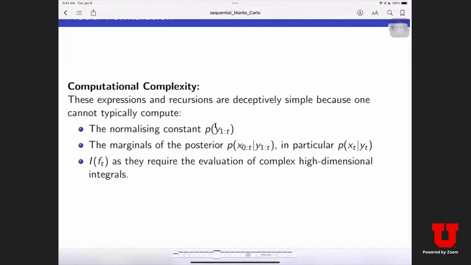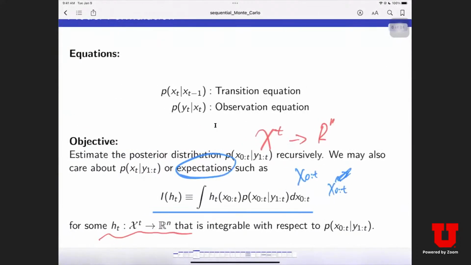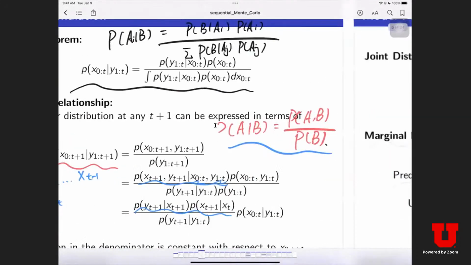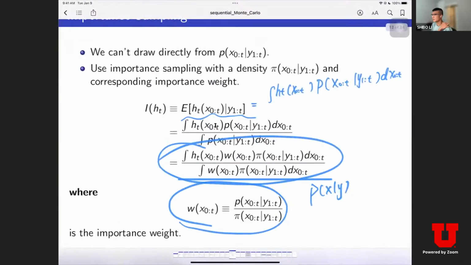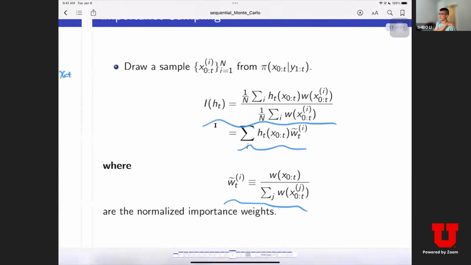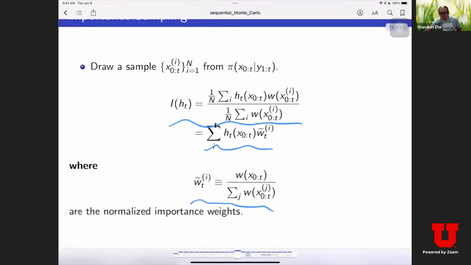That is because the posterior is proportional to some constant normalizer Z. When you normalize over this W, you can cancel out this normalization constant. Actually, you won't be able to really compute this posterior of x_0:t conditioned on y_1:t. That won't be possible. It must be scaled by some constant.